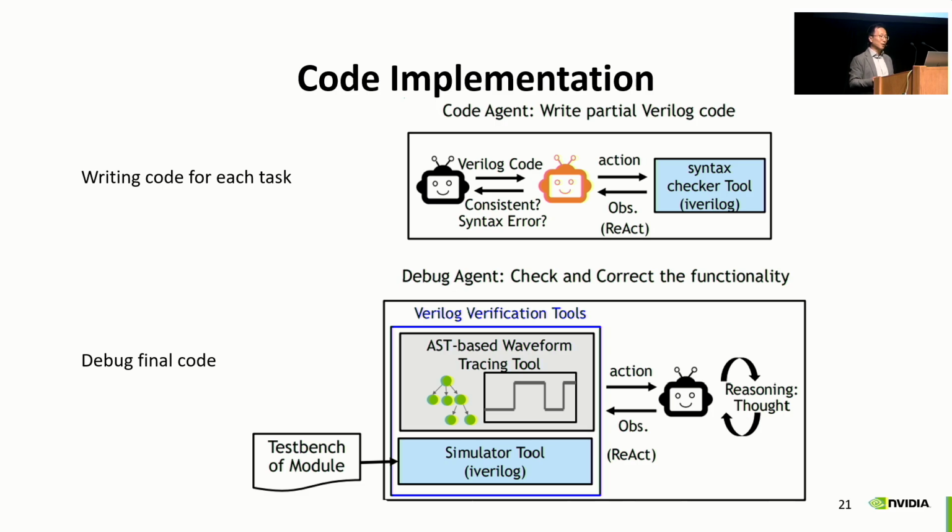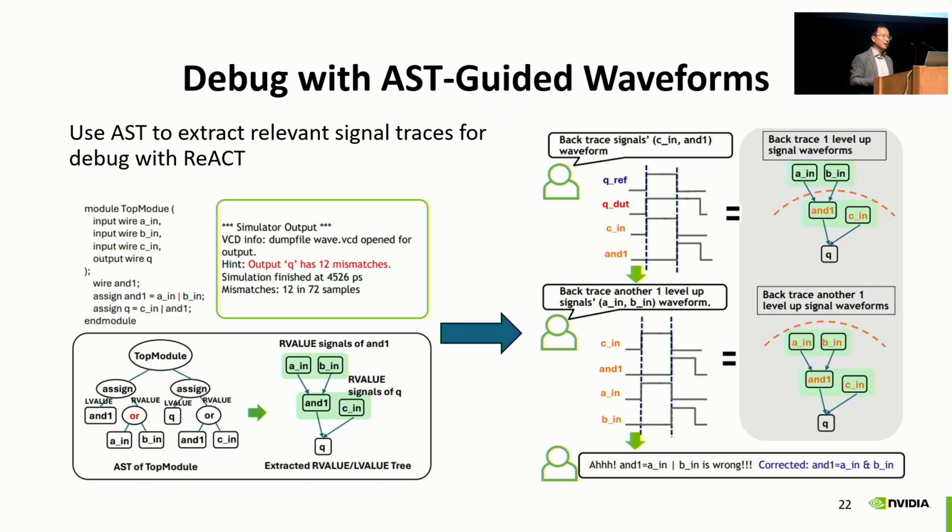This debug agent will leverage ReAct and an AST-based waveform tracing tool to identify the bug. And here's the detail. So when there's a bug, we know there's a final signal that mismatches from the golden signal. Then what do we do as a designer? We go look at the code and trace back the signal. So the AST tree tool just accomplishes the same thing.